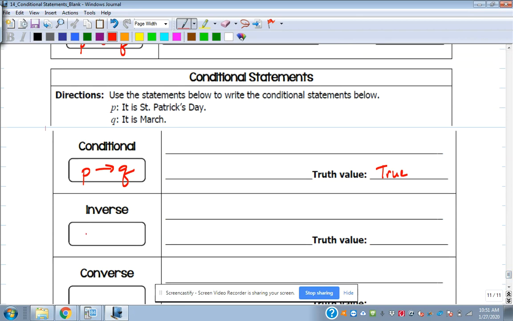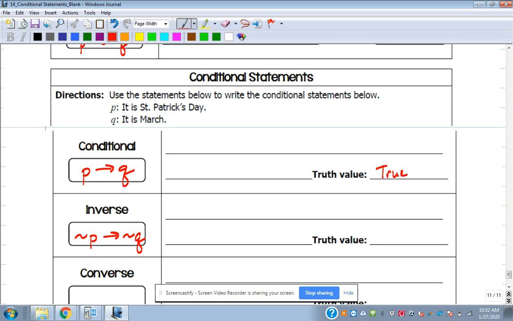The inverse, the notation for that was a little squiggly. That's fine to think of it that way. But I want a regular line, like negative. Not P implies not Q. It's false.